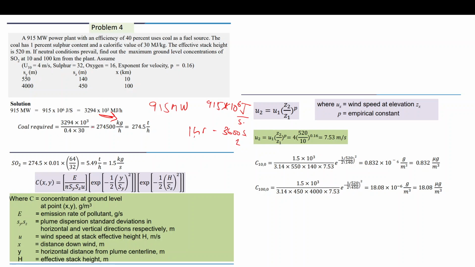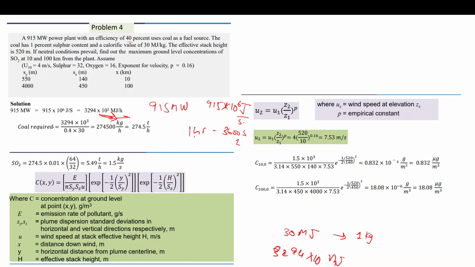So for this much amount of energy generation, since it has 40% efficiency, let's say 30 megajoules is produced by 1 kg of coal. So how much will be required to produce this much amount of energy? You just cross multiply it, and further it has only 40% efficiency, so you need to divide by 0.4.